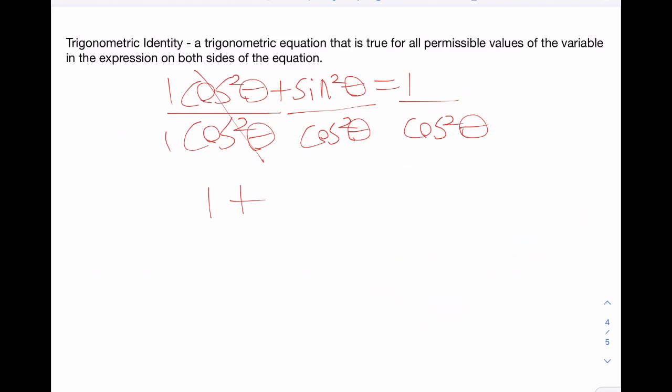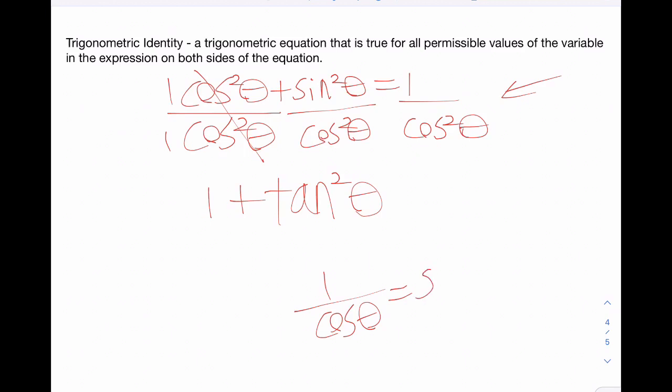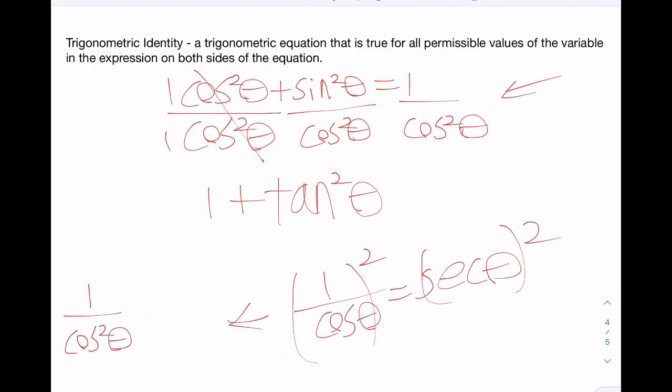So we can replace that with tan squared of theta. Now let's look at this guy right here. From the previous identities, we know that 1 over cos of theta is equal to secant of theta. Now if we square both sides, it will become 1 over cos squared theta equal to secant squared theta.